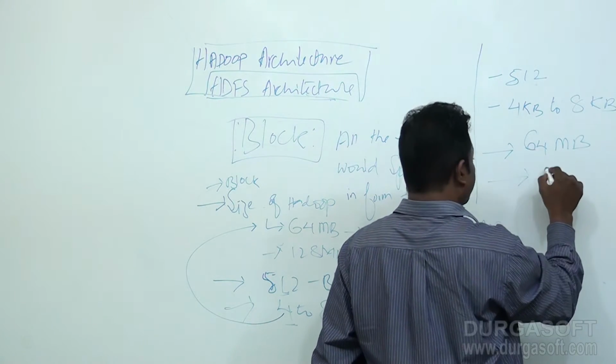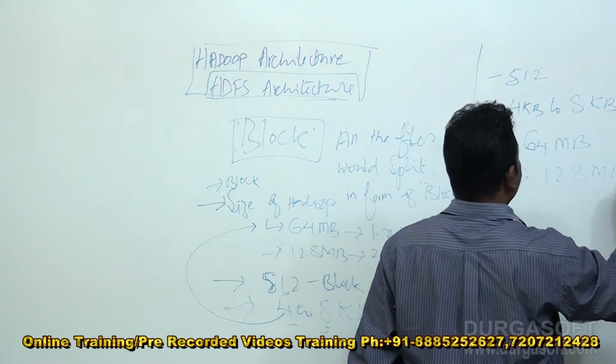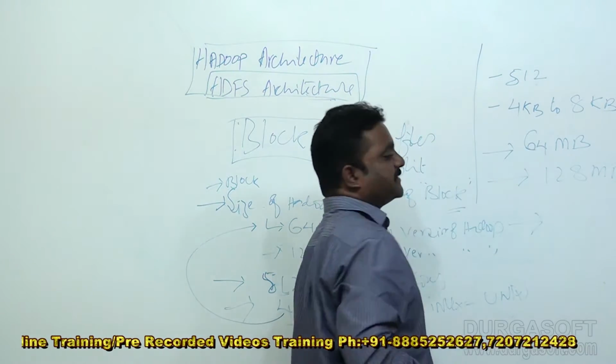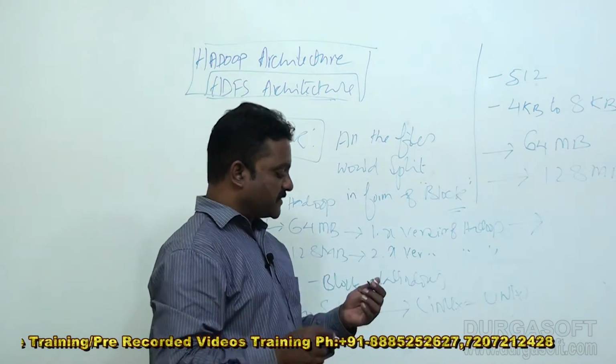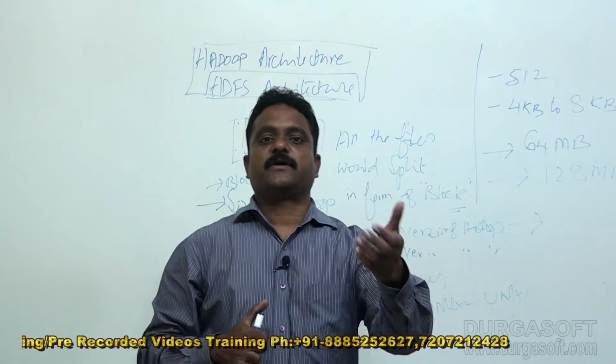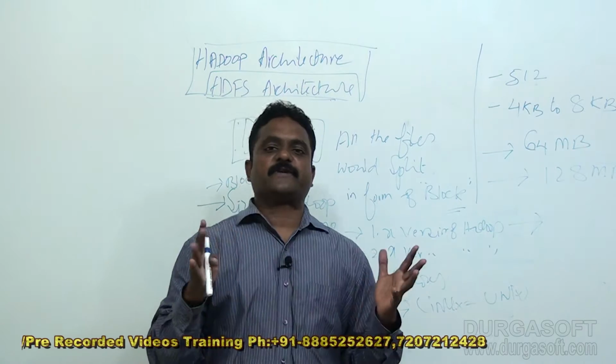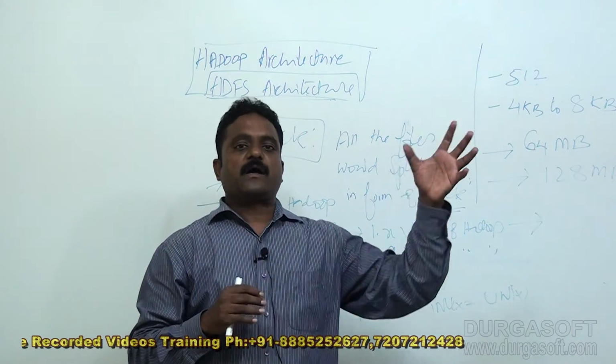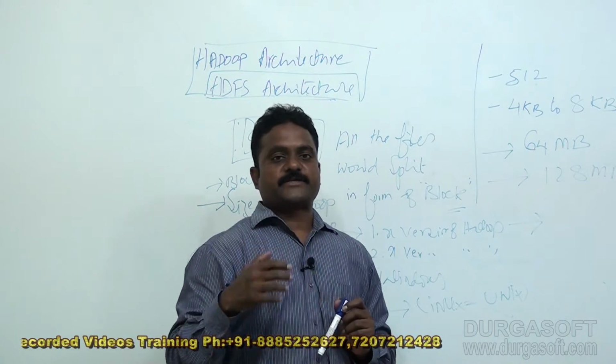The newer versions are 128 MB, and even newer versions have increased the block size to 512 MB. Probably in the future we would see the block size being 512 MB. It only depends on the variety or the amount of data that you deal with.